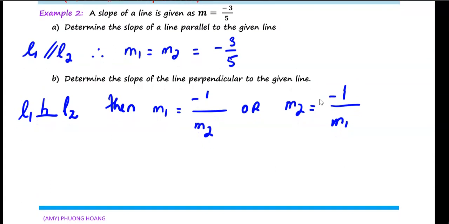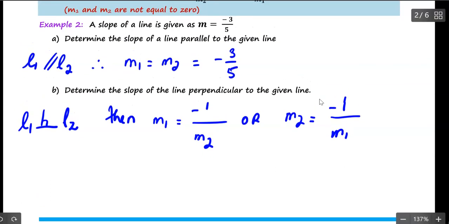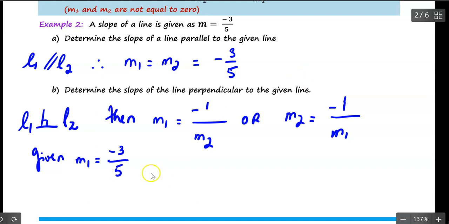So given m1 equal to negative 3 over 5, with the negative 3 attached to the numerator, what you have is m2 equal to negative 1 divided by m1.